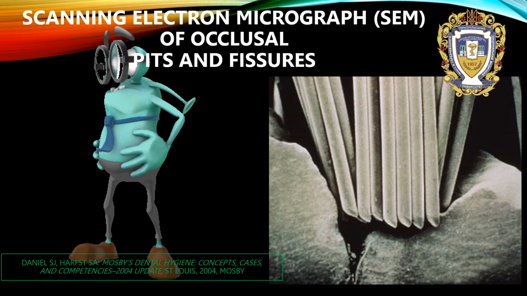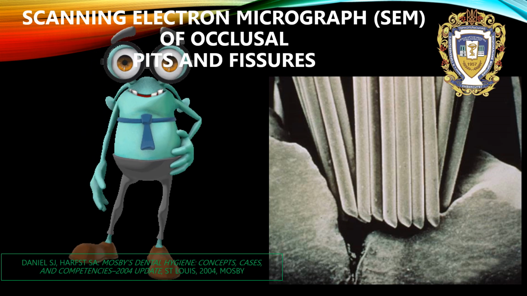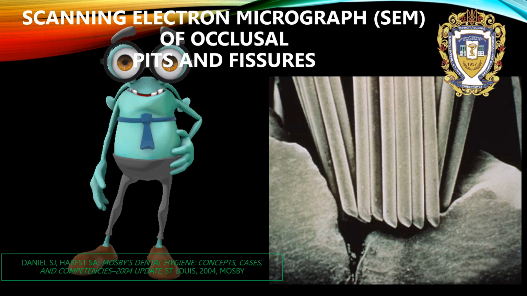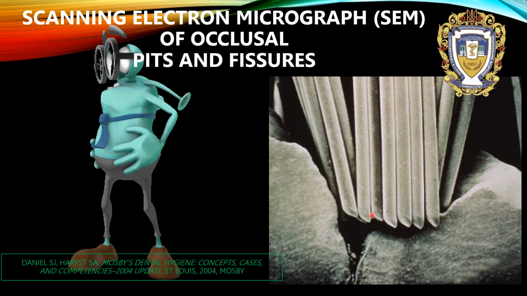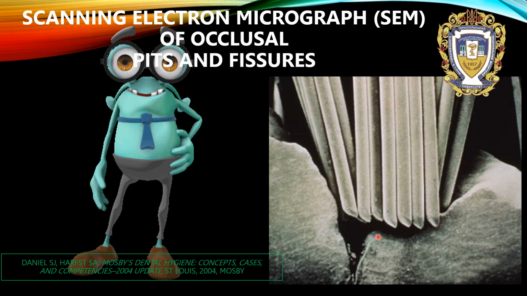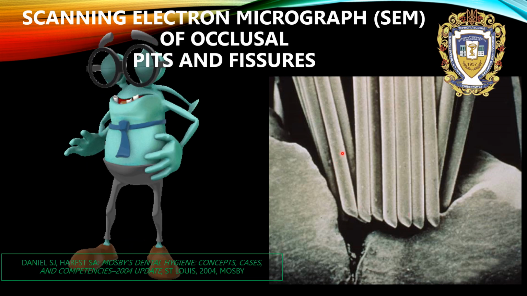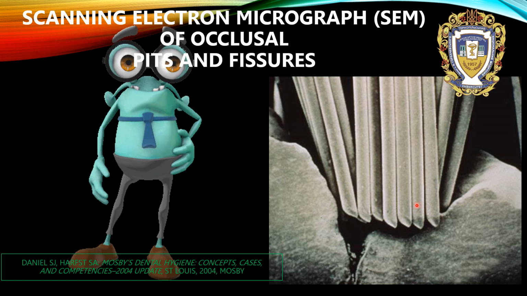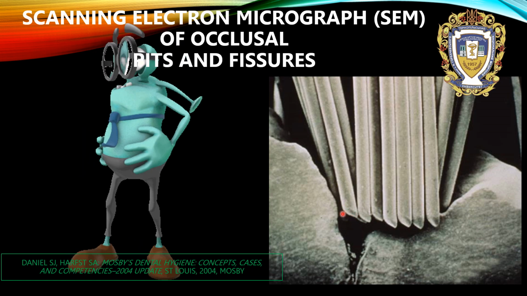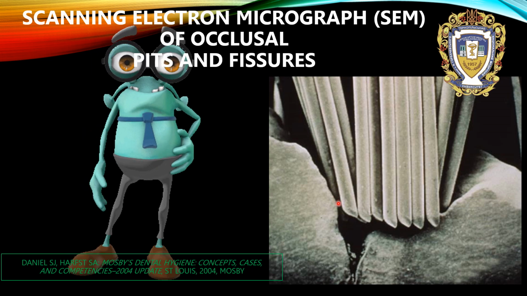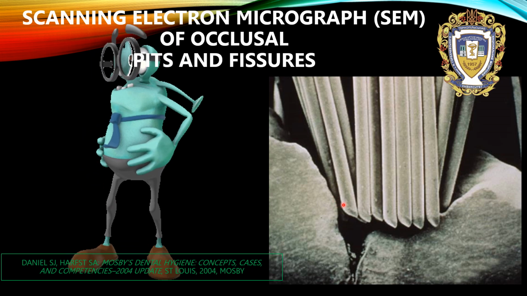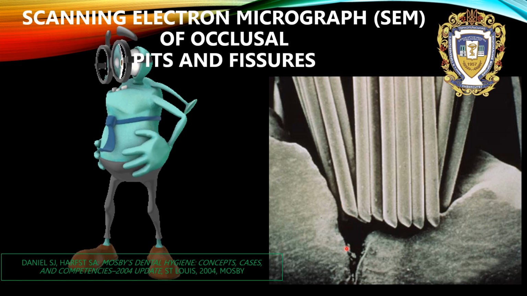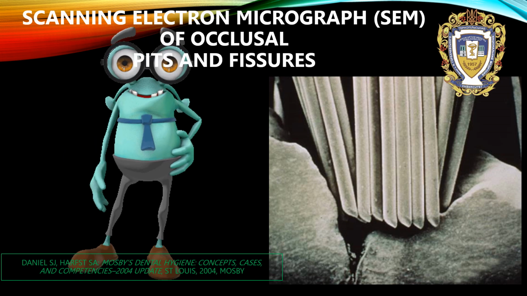And in this scanning electron micrograph, we can see a comparison between a fissure and a toothbrush. And as you can see, even the smallest toothbrush cannot reach the bottom of the fissure.